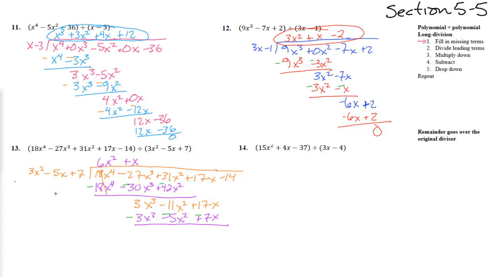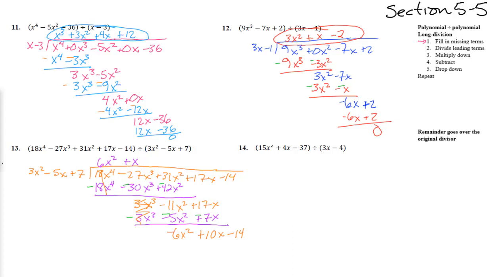So we get 3x cubed minus 3x cubed, gone. Good, that's what we wanted. Negative 11 minus a minus 5. Negative 11 plus 5 is negative 6x squared. 17 minus 7 is 10, so that's a plus 10x, and then minus 14.